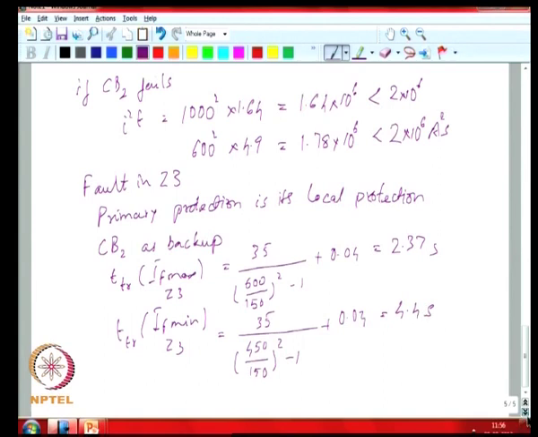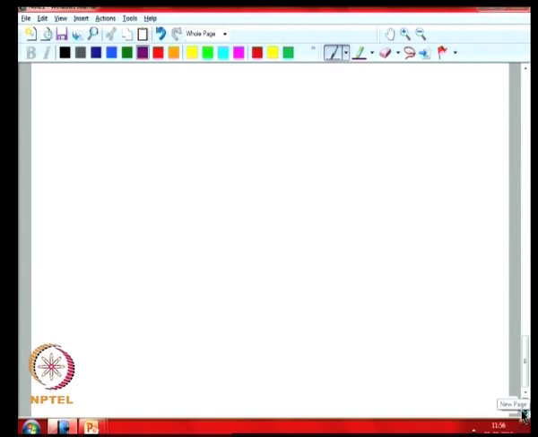And you could then calculate what your I square t level is. So, your I square t at 600 amps turns out to be 8.54 into 10 to the power of 6 or 10 to the power of 5, which is less than 1 into 10 to the power of 6.